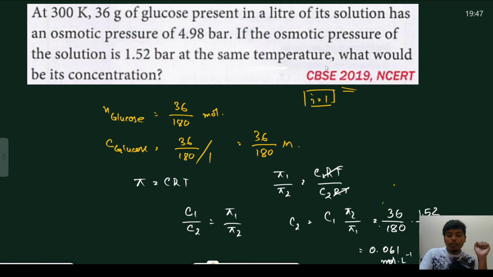Now our next topic we are going to learn is called i. What is i? Finally we are going to learn.